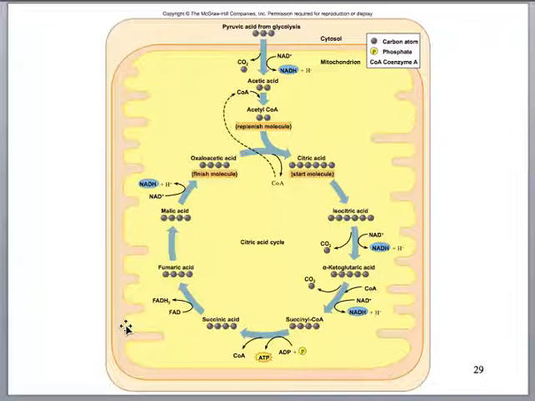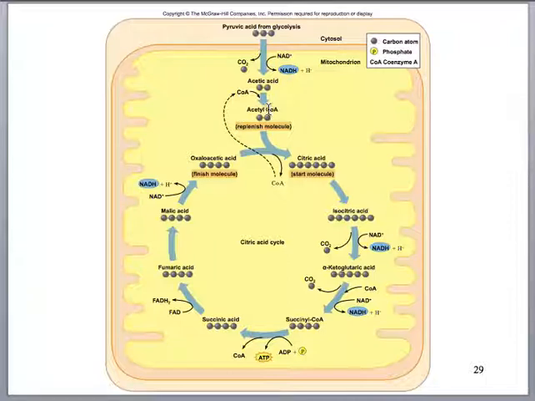In glycolysis, we made a net 2 ATP, 2 NADHs, and 2 pyruvic acids. Those pyruvic acids then enter into the mitochondria and get converted into acetyl-CoA. Each pyruvic acid gets converted into an acetyl-CoA molecule. And in this step, we generate 2 NADHs, 2 carbon dioxides, and 2 acetyl-CoAs.